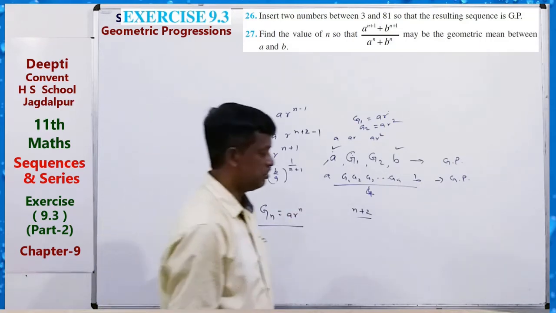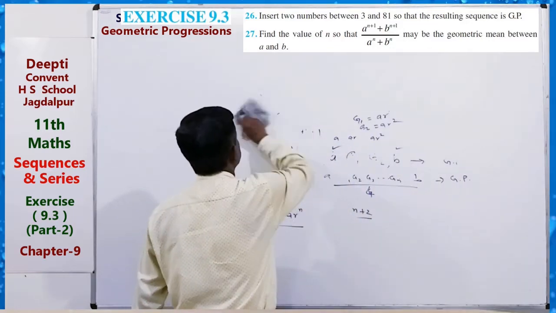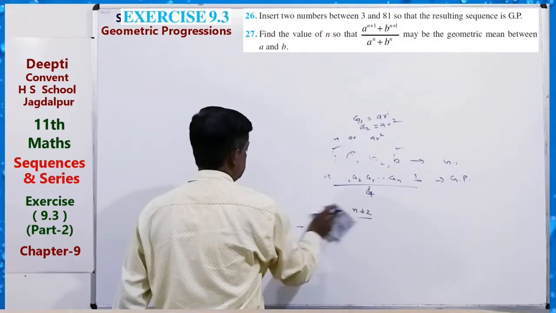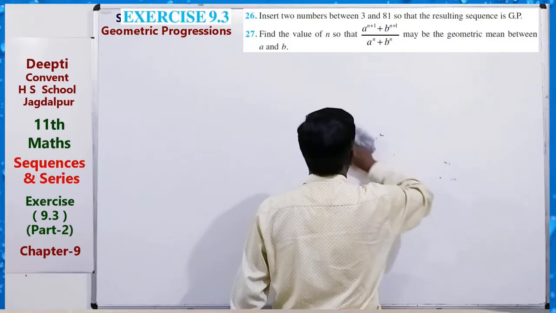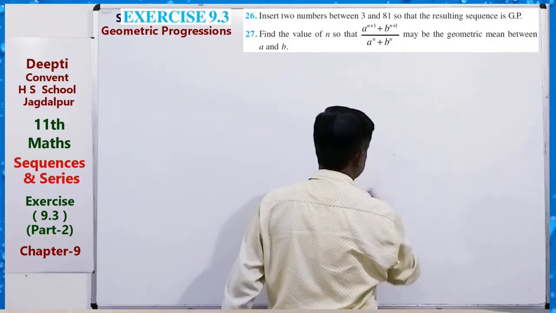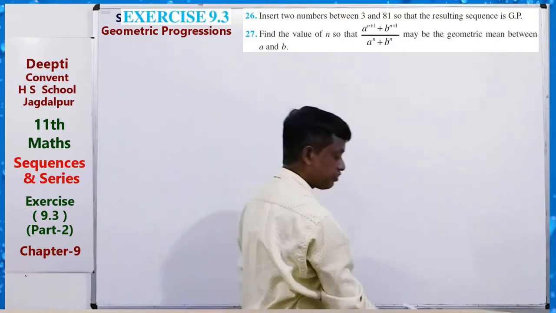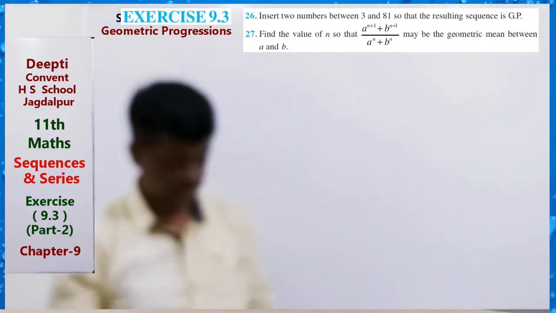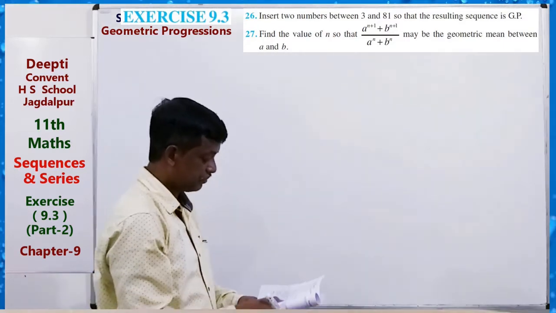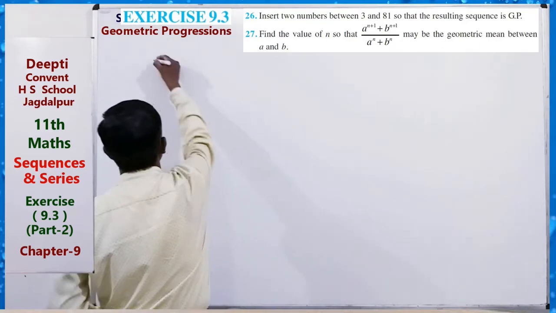All the numbers can be found such that the resultant sequence is a GP. Okay, so this is the method for inserting two numbers, three numbers, four numbers between two numbers so that the resulting sequence is a geometric progression. Okay, so here 3 and 81. So solution 26.